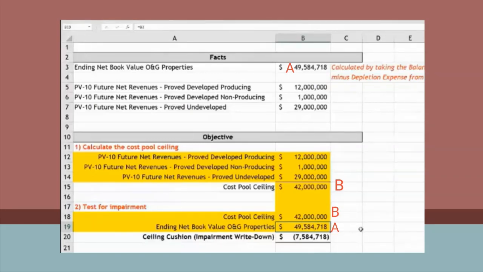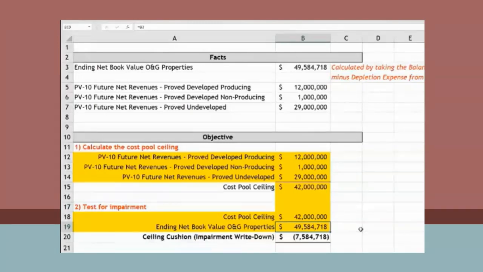But unfortunately, the company to date has net capitalized costs on their books, on their balance sheet, of $49.5 million. So unfortunately, the future value that they expect to get is lower than what's sitting on their books. So lower than what they've recorded as a cost associated with all those properties. So that means they've got an impairment of $7.5 million.